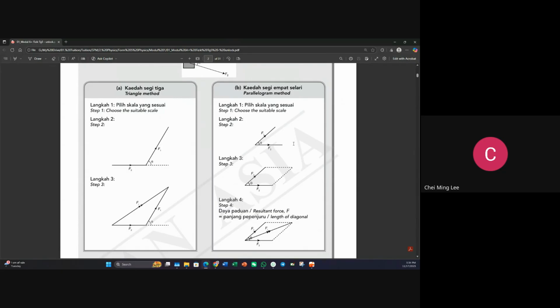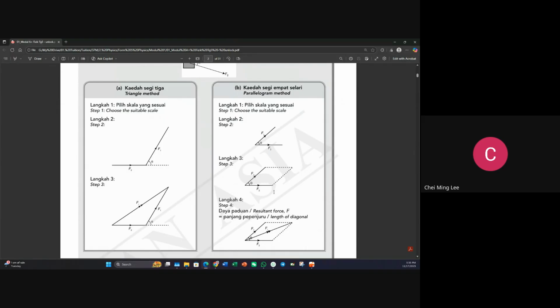Now for the parallelogram, the method is almost similar. We choose a suitable scale as well, and then we connect the two forces. Then we resolve. Resolve means like copy and paste: the first force to here, the second force to here.